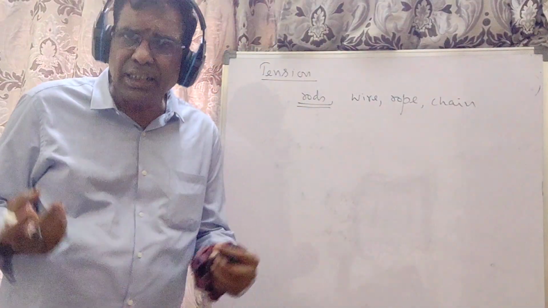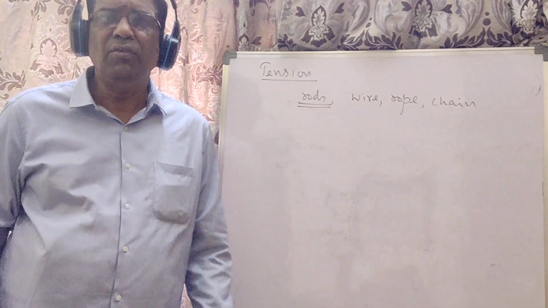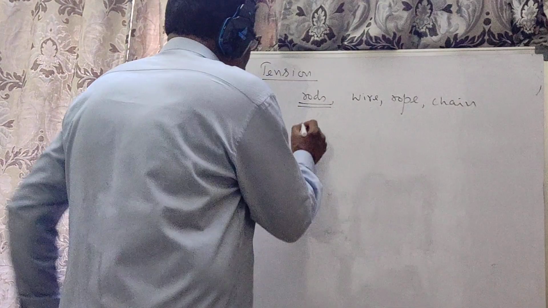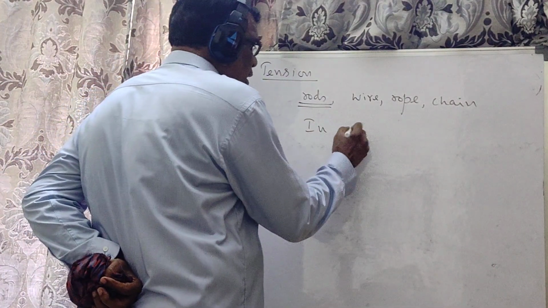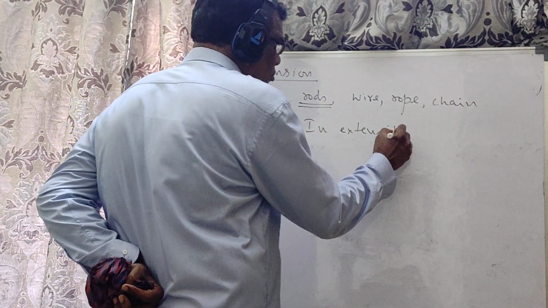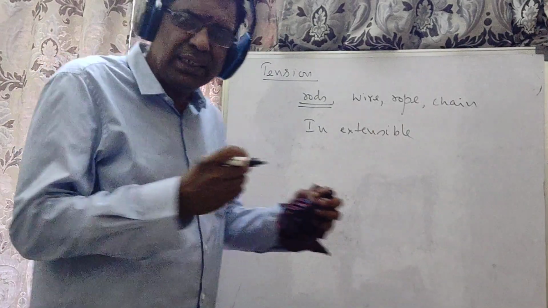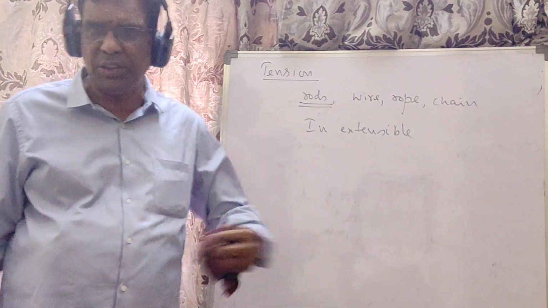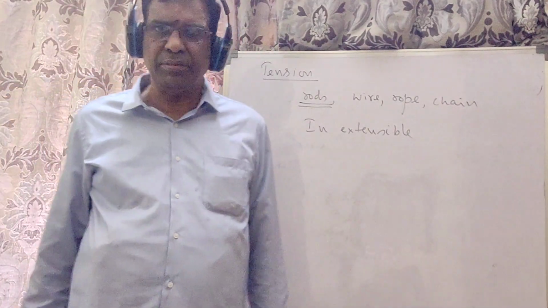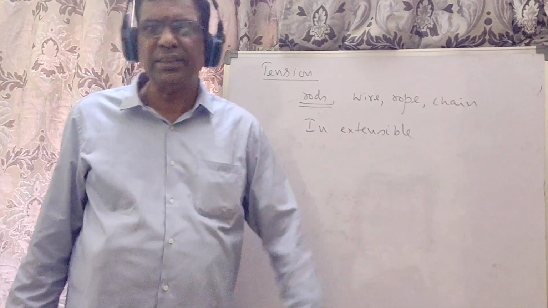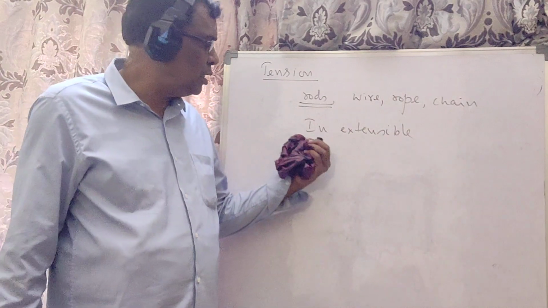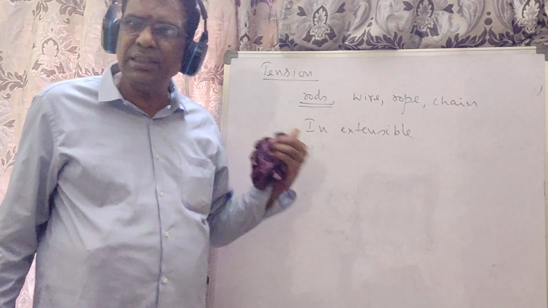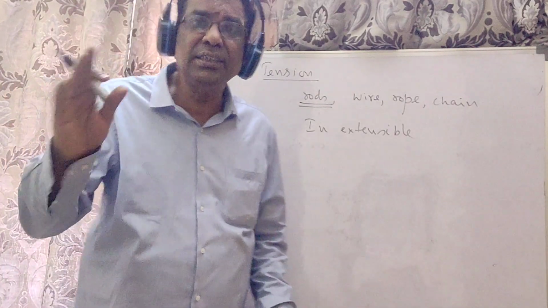It is the internal restoring force whenever you try to stretch it. Now, I talk of mostly inextensible ones. If it is extensible, elastic forces will come into play. Say, for example, spring. Spring is also a form of elastic force only. I am going to confine my attention as far as tension is concerned to inextensible.